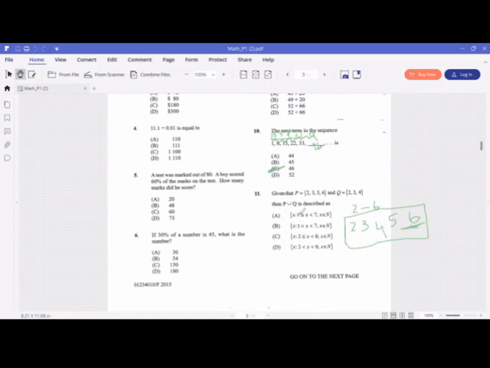Realize that the first one says x is less than or equal to 1, but less than 7. That is false, because 1 is not a part of the union. Now, B says that it's greater than 1, but less than 7. That is correct, because we start at the first consecutive number after 1, which is 2, and we end at the last consecutive number before 7, which is 6. So therefore, our answer would be B.